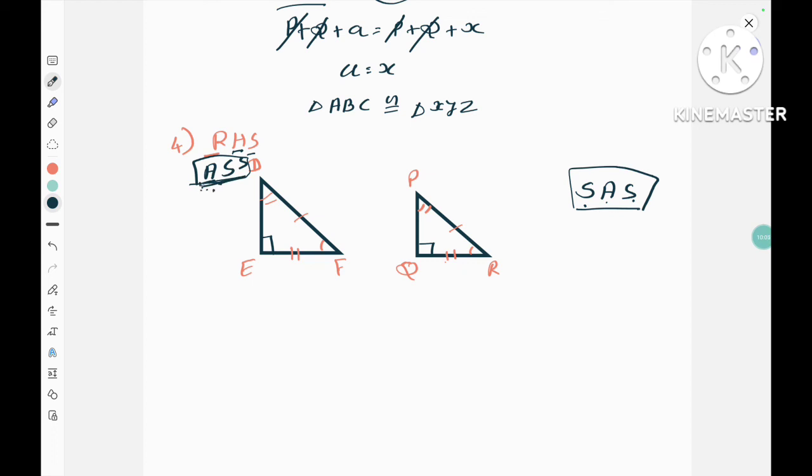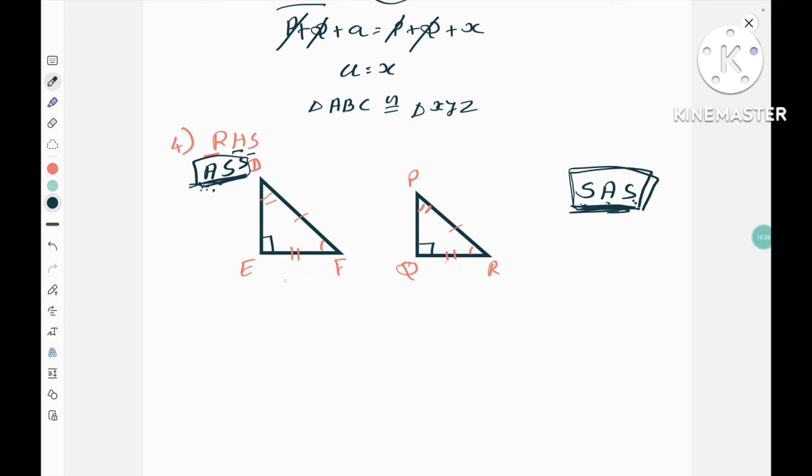Here also there are two sides and one angle. Earlier I told you SAS also has two sides and one angle, but still we have to follow the order if it is not a right angle. But if it is a right angle, then it's fine, because the hypotenuse is a side and the right angle, 90 degrees, is still an angle.